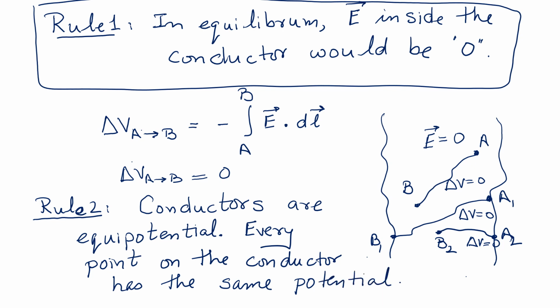The potential may not be zero, but whatever is the potential at one point would be the same potential at another point too. That makes our second rule. And for perfect conductors, the second rule can also never be broken.